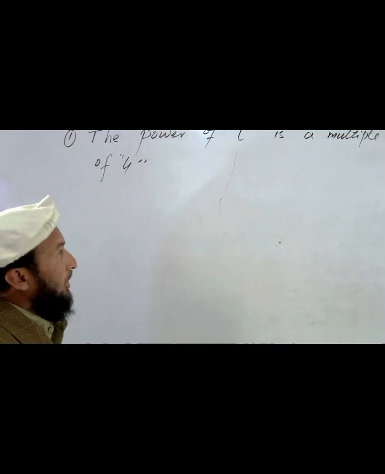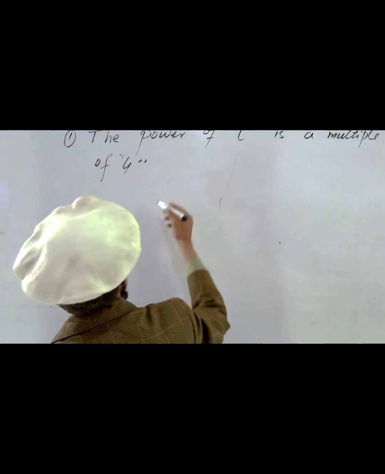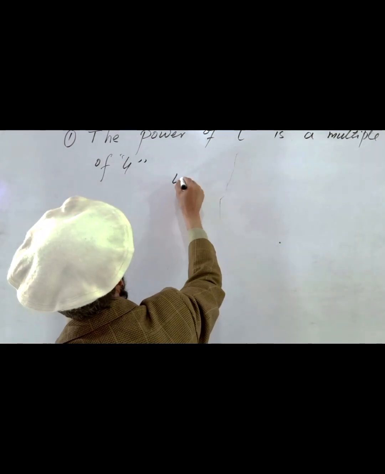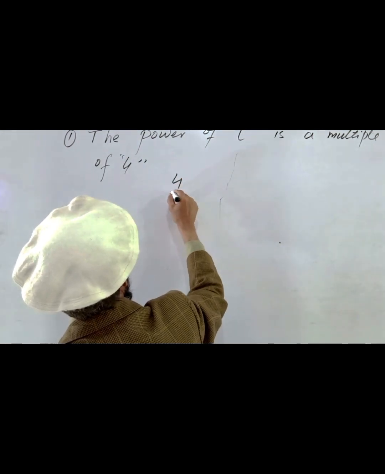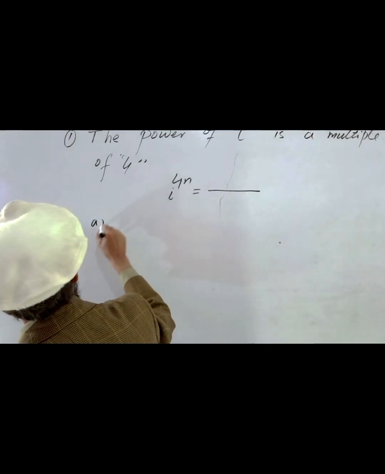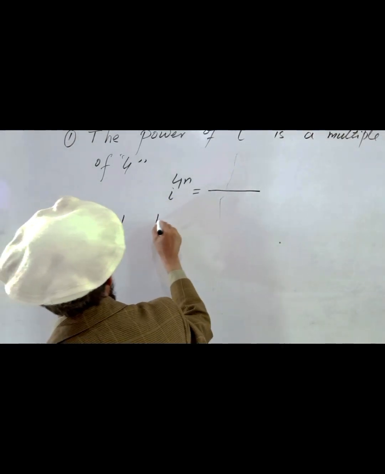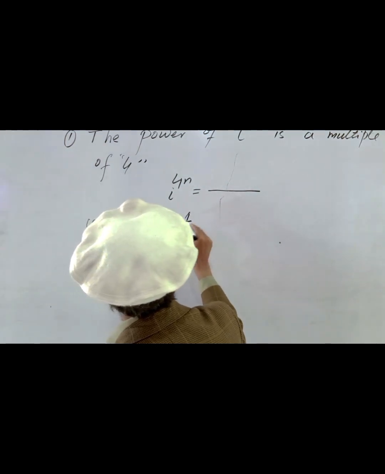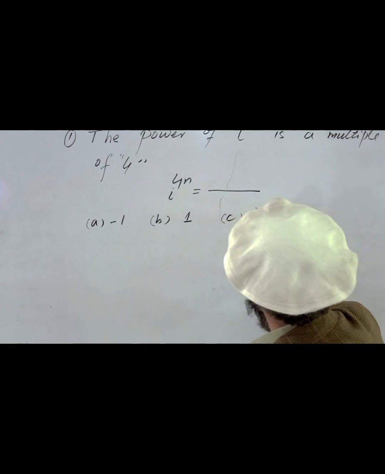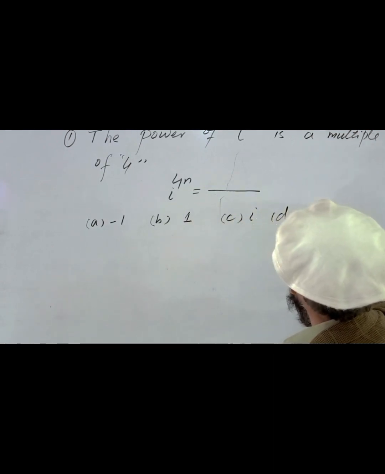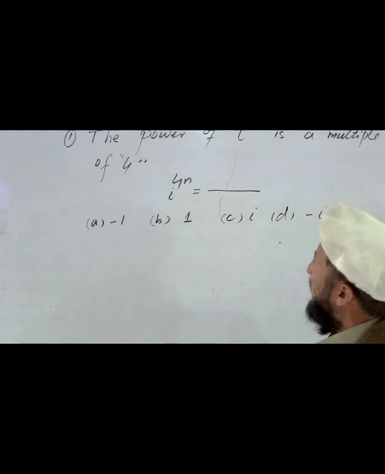The power of iota is a multiple of 4, so iota to the power 4n is equal to what? The options are: A) -1, B) +1, C) iota and D) minus iota. The correct answer is B.